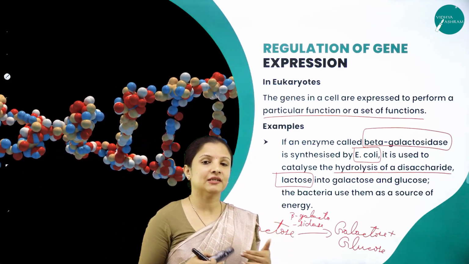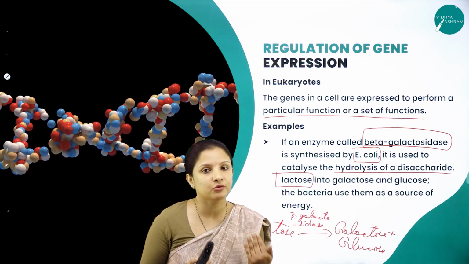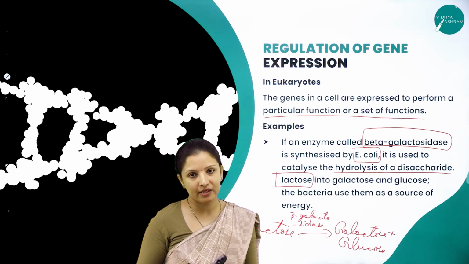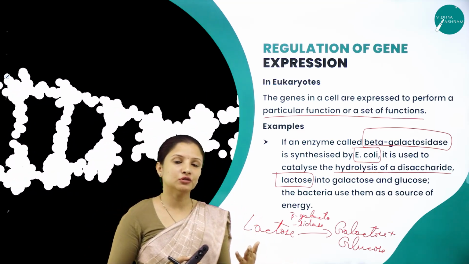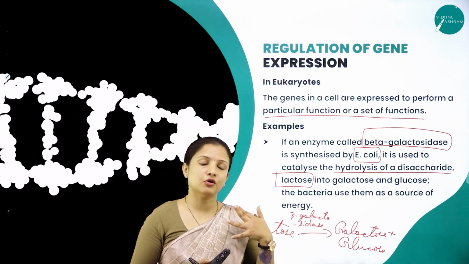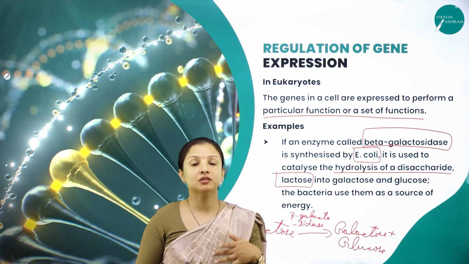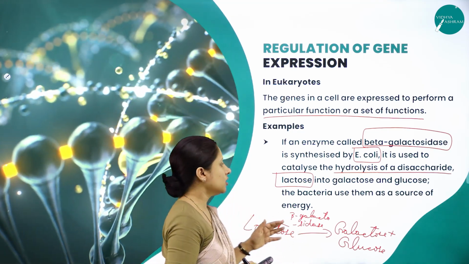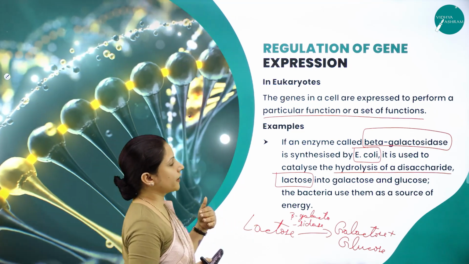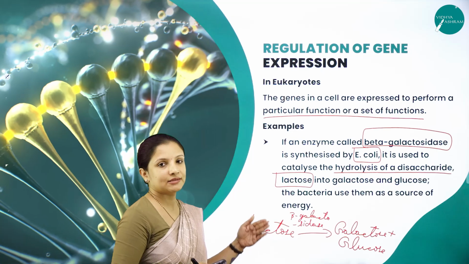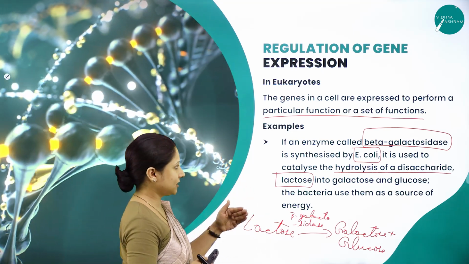How it gets converted into energy in plants and in animals, you have studied in your first PUC and your class 11th. You're quite familiar with that, right? In the process of photosynthesis in plants, digestion in animals, and also during respiration. So now we are talking about E. coli. E. coli bacteria contains an enzyme called beta-galactosidase.